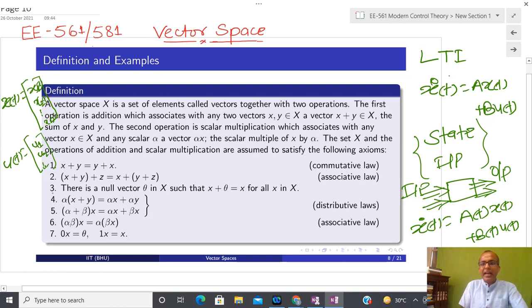Whenever we talk about the solution of a differential equation, I assume that I have a certain initial condition.